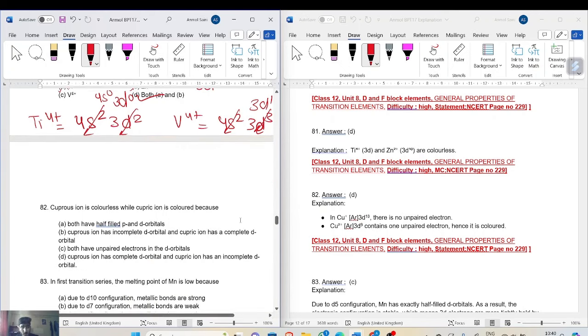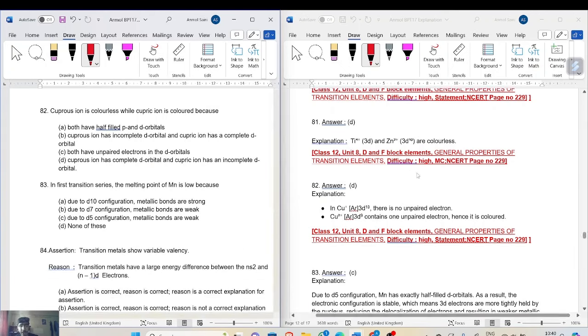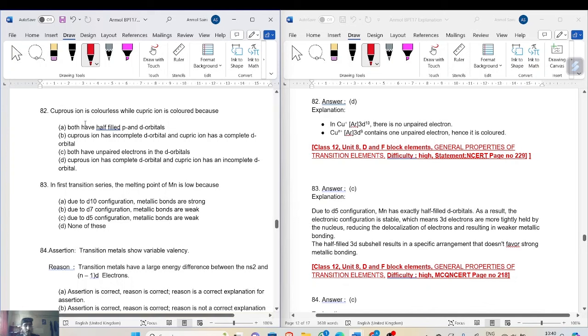Okay. Now question number 82. Cuprous ion is colorless while cupric ion is colored because, okay, both have half filled p and d orbital; cuprous ion has incomplete d orbital and cupric ion has a complete d orbital; both have unpaired electron in the d orbital; cuprous ion has complete d orbital and cupric ion has incomplete d orbital.